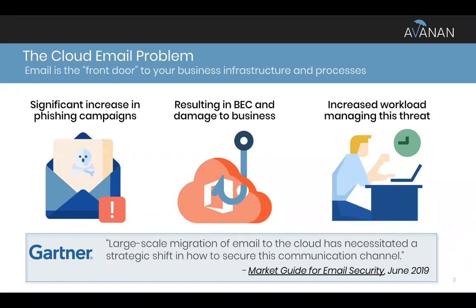In some cases, it's not. But the other thing that we're really seeing a lot, which isn't reported as much, is the increase in workload on your IT, and specifically your IT security teams, the ones responsible for keeping your organization secure. They're spending a ton of time managing and dealing with this threat. So these are the problems that we're seeing.